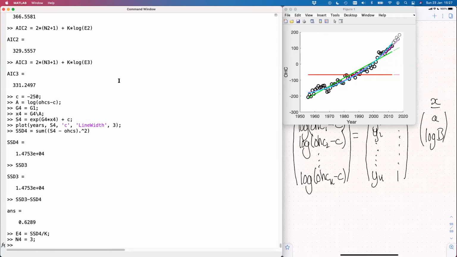So now we're in a position to compute the AIC for this new model. AIC4 is then 2 times N4 plus K times log E4.